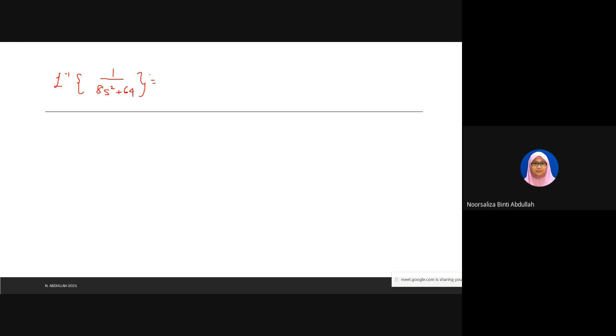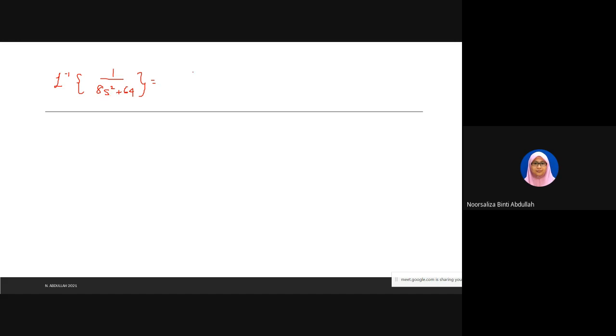So macam mana? Buang 8 dulu. Tinggalkan S squared. Tinggalkan S kuasa 2 kan. Dia mesti S kuasa 2 saja, dia tak boleh ada 8.